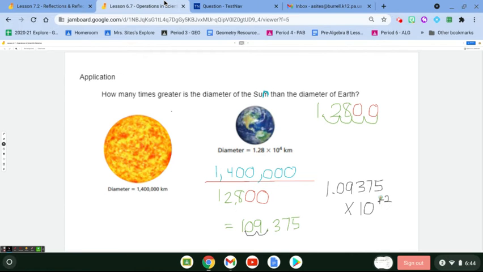Okay, so again, calculators are a wonderful thing. You can double check to make sure you got those answers correct. So if I slid it 2 places to the left, I have a positive exponent. So I got that positive 2 there. So 1.09375 times 10 to the second power, not negative 2. Okay, and then there's your answer.